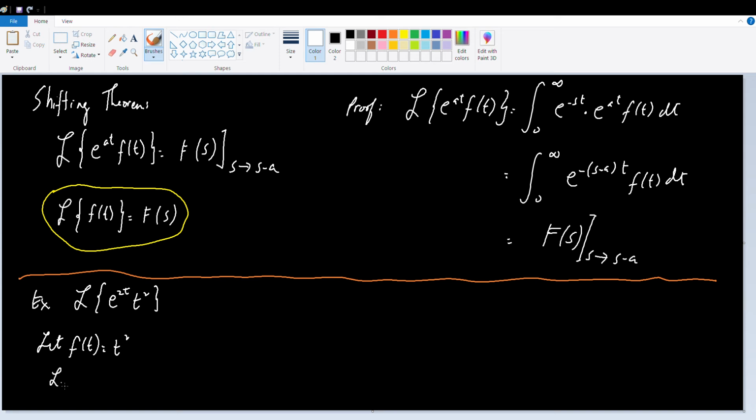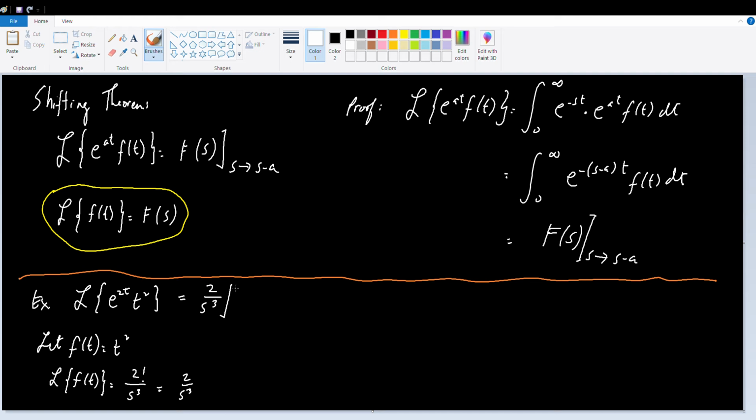The Laplace transform of f of t will be equal to 2 factorial over s raised to 2 plus 1, or 2 over s cubed.